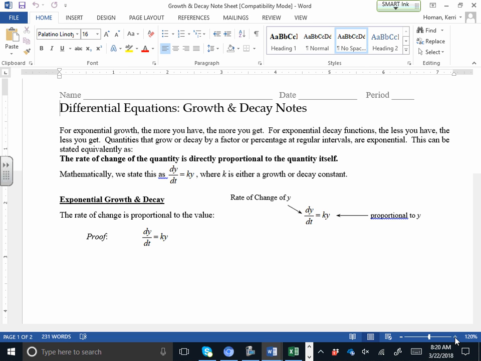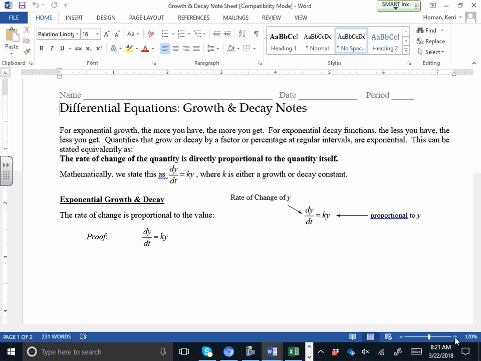Let's talk about the rate of change. When I say the rate of change in calculus, you think of slope and derivative, okay? Probably more slope, but in calculus class, I want you to really think of derivative. So if I say that the rate of change of a quantity is directly proportional to the quantity itself, that means direct proportion.